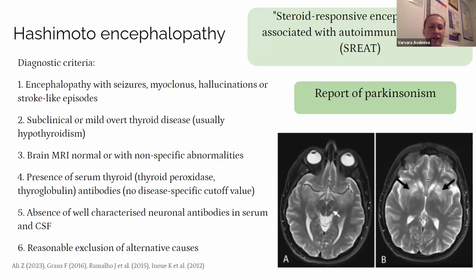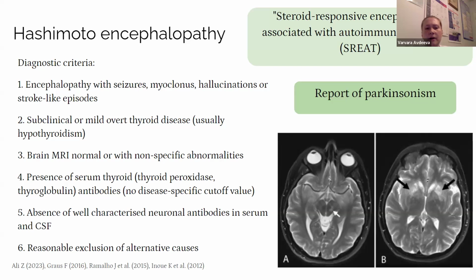And there are criteria which were created in 2016, and these criteria include specific symptoms, thyroid disease, and brain MRI is usually normal. But as you can see on the slide, sometimes people with Hashimoto encephalopathy have lesions in the brain, as you can see here in the midbrain and in the area of putamen bilaterally.